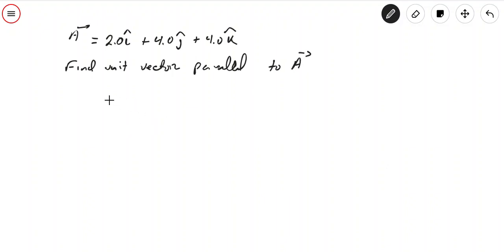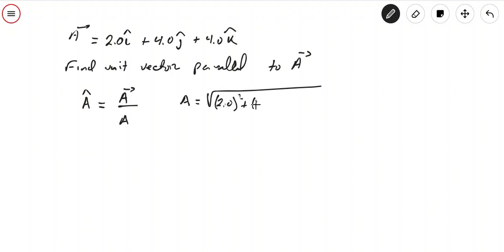So to find the unit vector that is parallel to A, I have to divide the vector A by its magnitude. So the first thing that I have to do is to find the magnitude of the vector A, which is the square root of the i component squared, so 2.0 squared, plus the j component squared, 4.0 squared, plus the k component squared, so 4.0 squared.